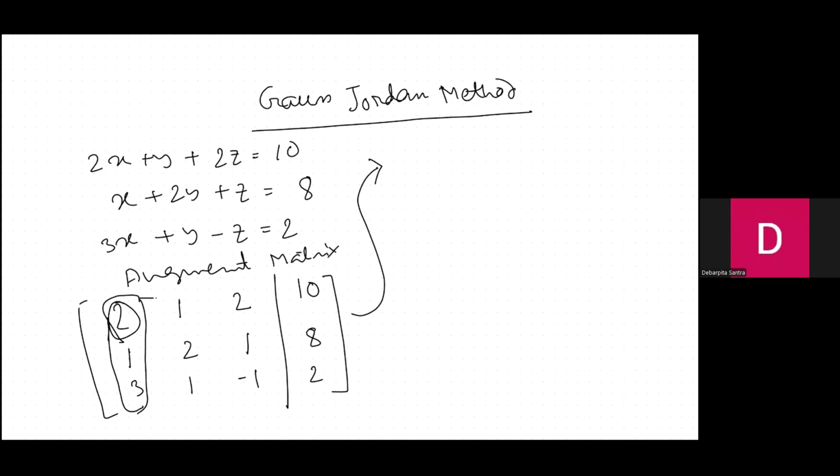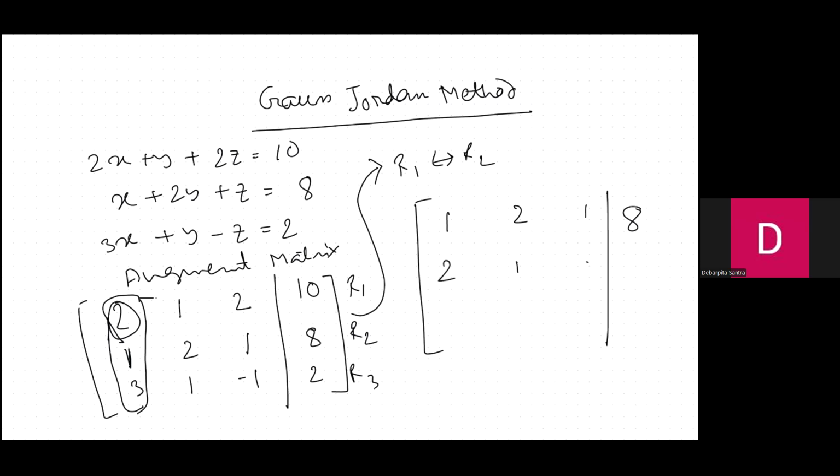So for this, what do we do? You see that in the middle row there is 1. This is row 1, this is row 2, this is row 3. If we interchange row 1 with row 2, the second row becomes the first row: 1, 2, 1, 8. The first row becomes the second row: 2, 1, 2, 10.